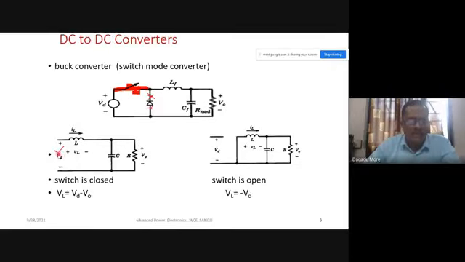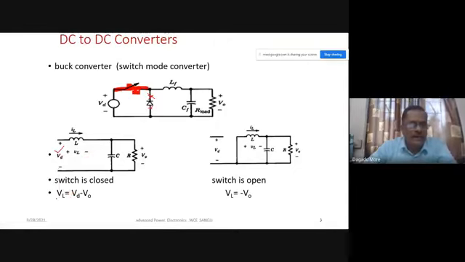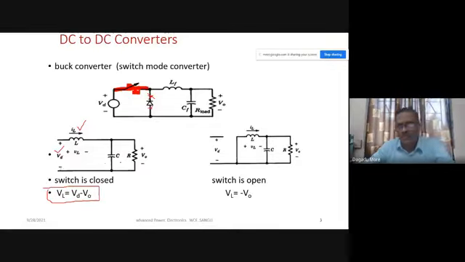What is the voltage across the inductor? With this polarity we represent VL, and VL will be VD minus VO. Is it clear? So the voltage across the inductor will be VD, the input voltage, minus VO. And here, will VL be positive or negative?